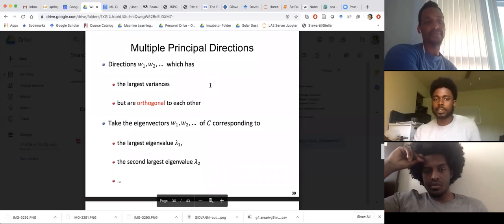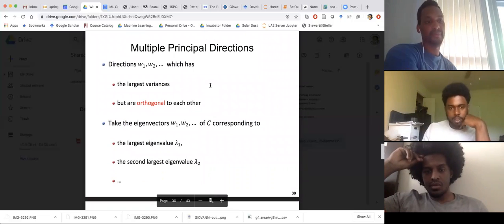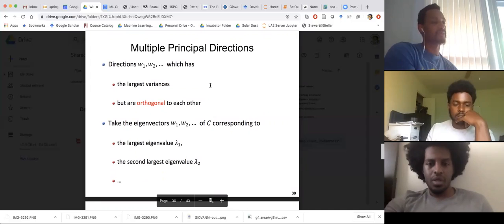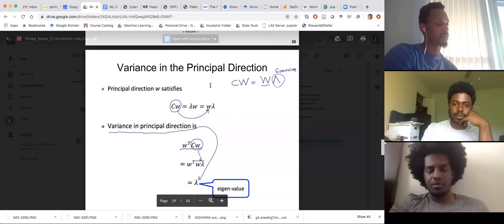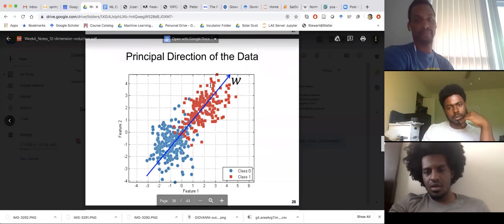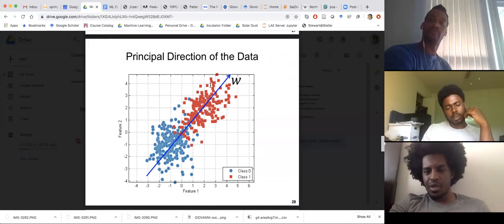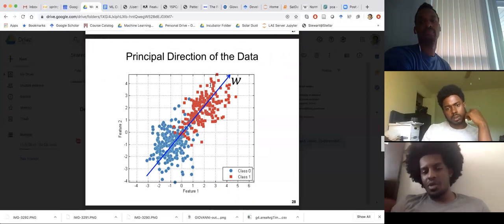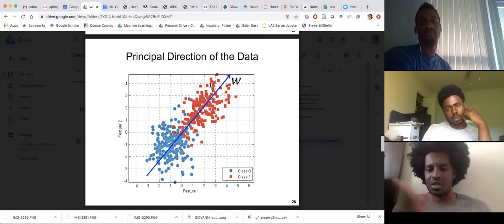Let's keep it pushing. Bam, were you going to say something? Yeah, if you go back up to the graph of the data, the thing is, we don't actually know what direction this W is, right? Here they just put up a direction, which maps to the direction the data seems to be correlated towards.